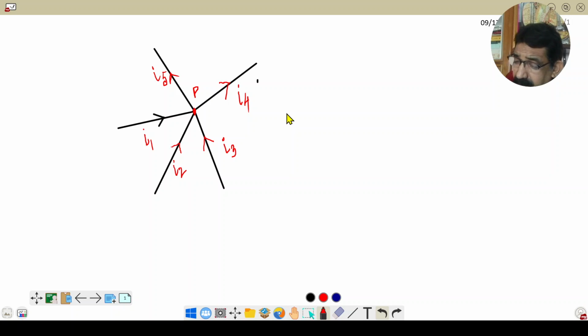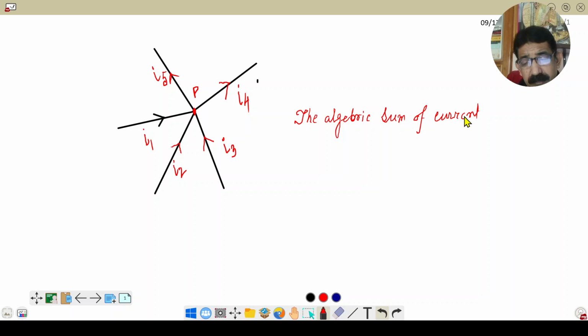The algebraic sum of currents meeting at a junction is zero.